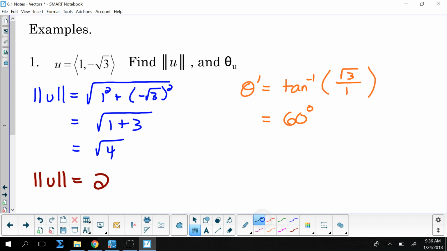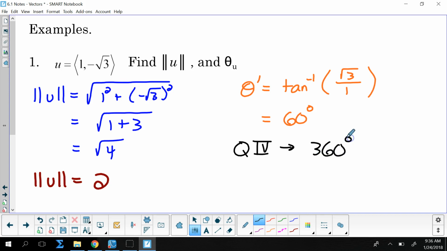Now, which quadrant is this one located in? In quadrant 4? Okay, right? So this is in quadrant 4. So angles in quadrant 4 have a reference angle that takes me up to 360 degrees.